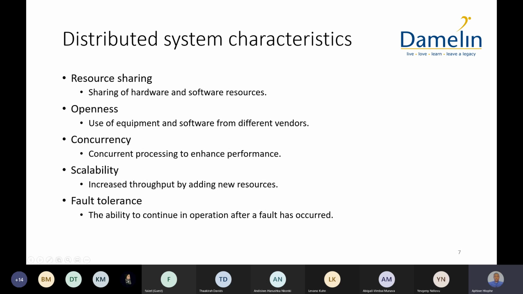By that I mean, if one particular computer goes down, it does not affect the whole system, the other points of the system. Although there are multiple points of failure, it's very easy in a distributed system to isolate any problematic node, and the rest of the network is able to function.